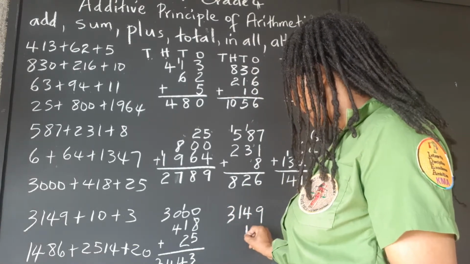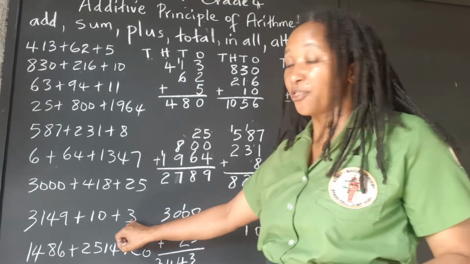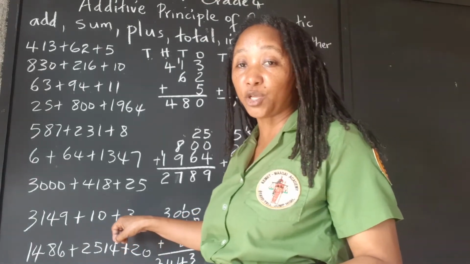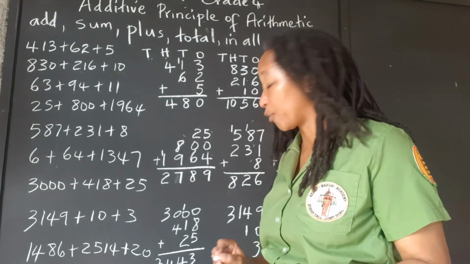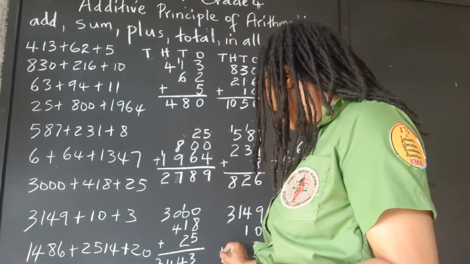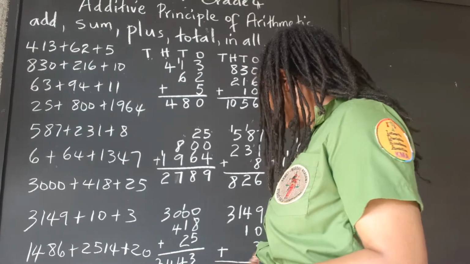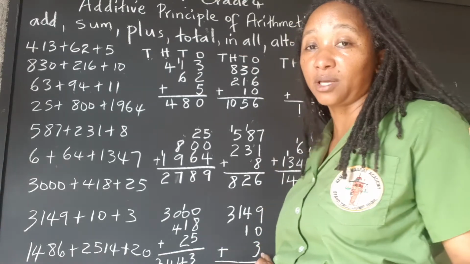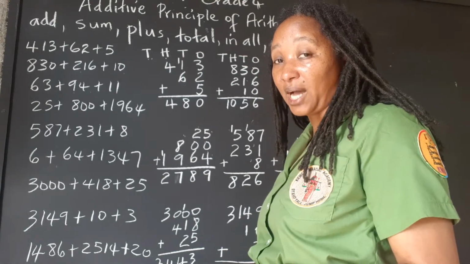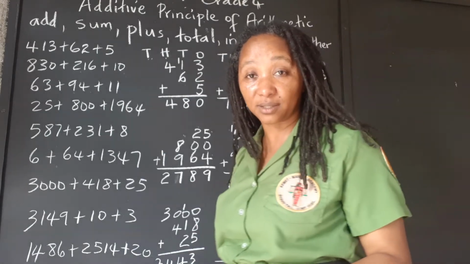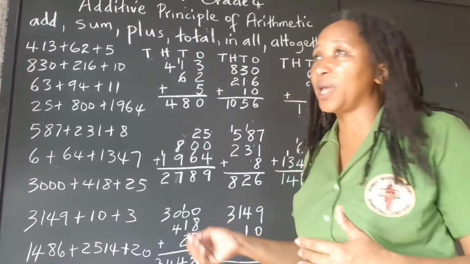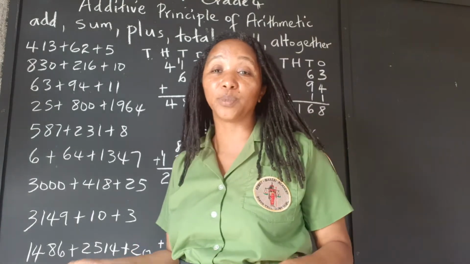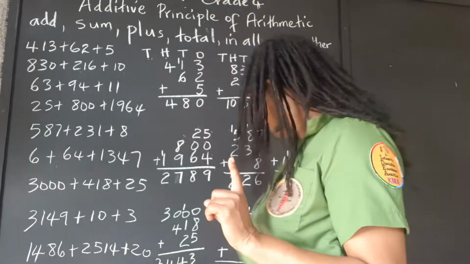Next we have 3,149, we have 10, and we have 3 ones, 3 units. It goes under the units. Remember that. So now we add 9 and 3, 12. Can't put the 12 under the ones because it's more than 9, right? So we have to say how many groups of 10 can we get from 12? Just one group of 10.